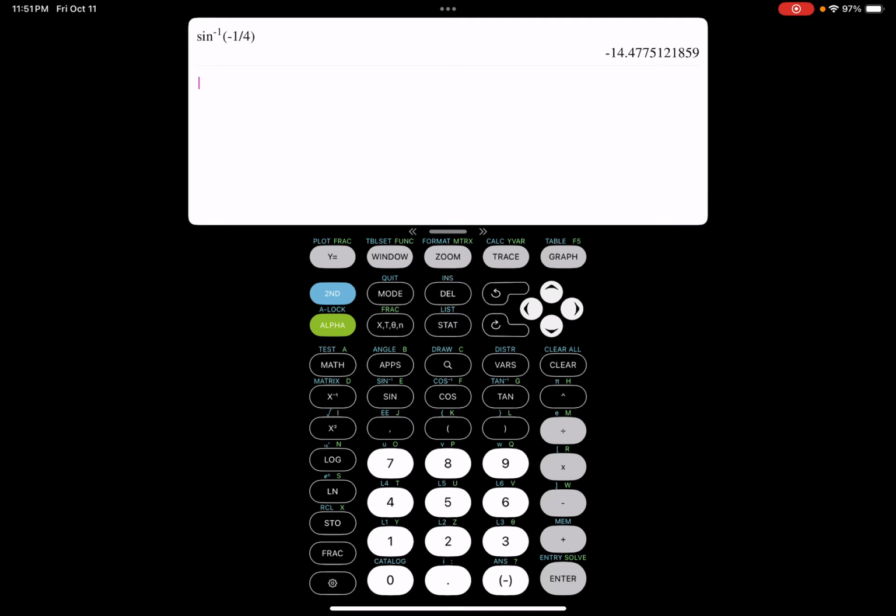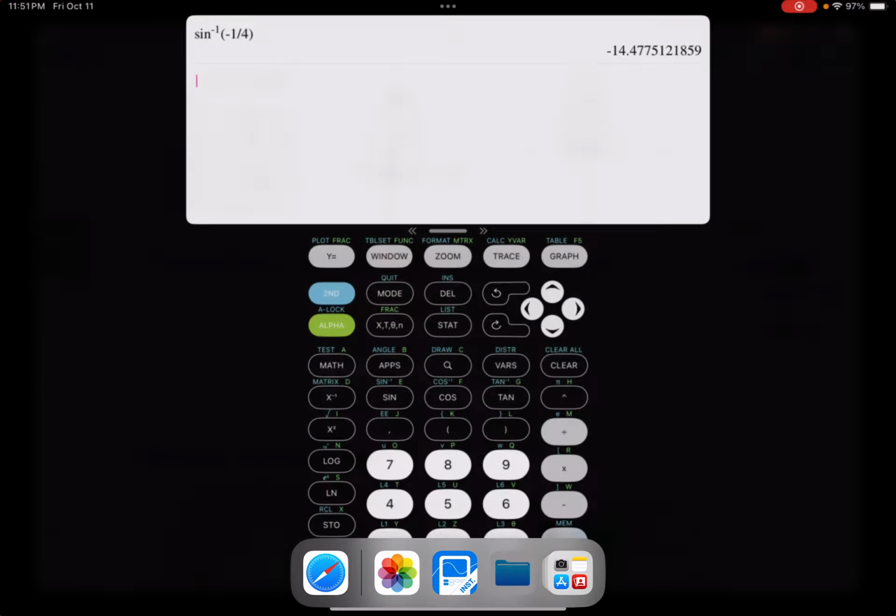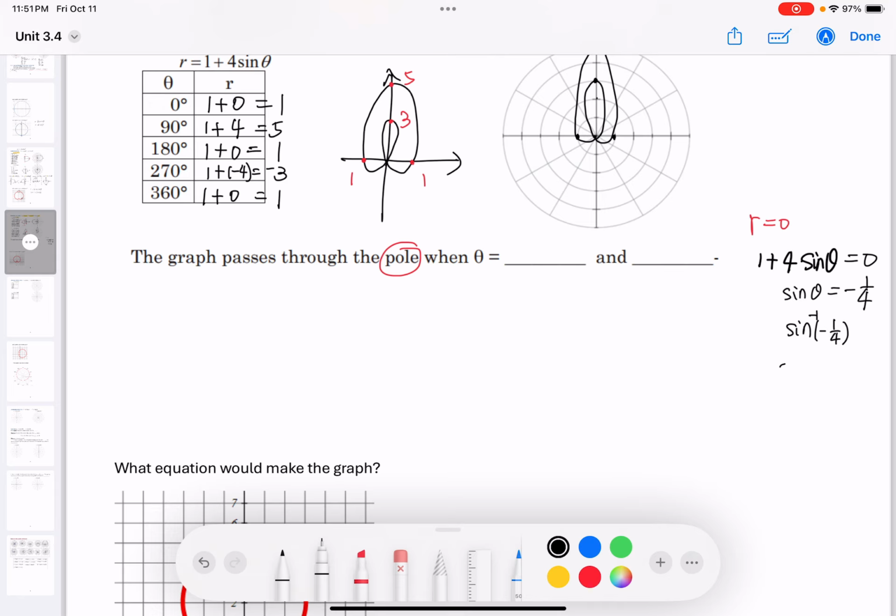Okay. So this angle is negative 14.5. Let's say 14.5. So this angle is negative 14.5 degrees because I'm using the degree measure. But you remember that finding the inverse of sine gives angles in these two quadrants. If it's negative, it's in the fourth quadrant.